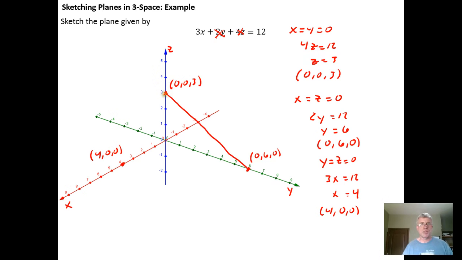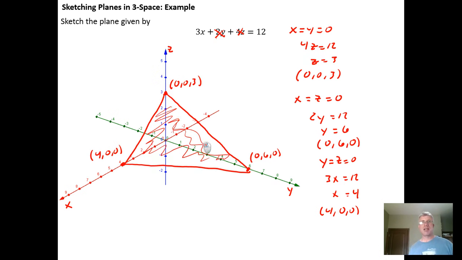And that establishes the other two traces in the xz and xy planes. Then we use this triangle right here to represent the entirety of the plane 3x plus 2y plus 4z equals 12.